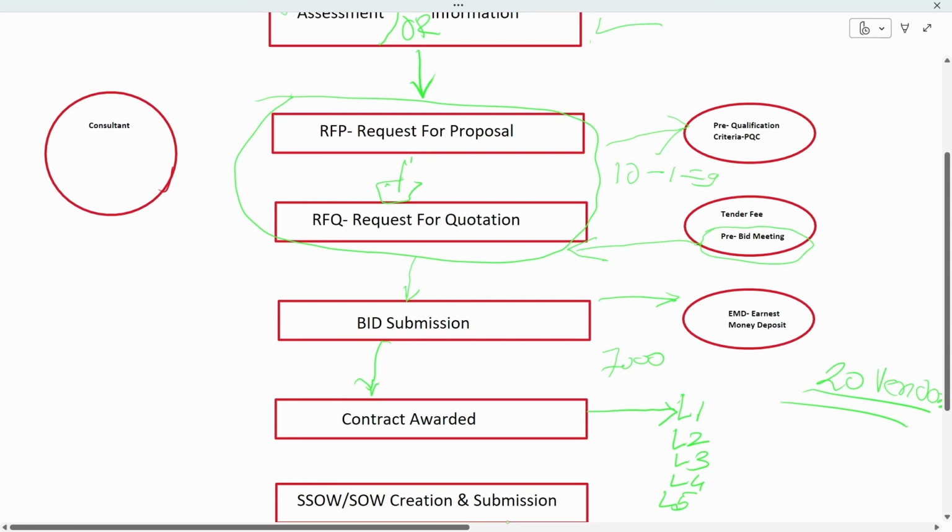So there is a possibility that these 7,000 clocks might not be awarded entirely to L1. They may decide that out of 7,000 we will award only 3,000 to L1, and L2, L3, L4, and L5 will deliver 1,000 each. This is just to make sure that there is healthy competition in the bidding process, and also when onboarding the vendors. Because by doing this, the dependency will be distributed.